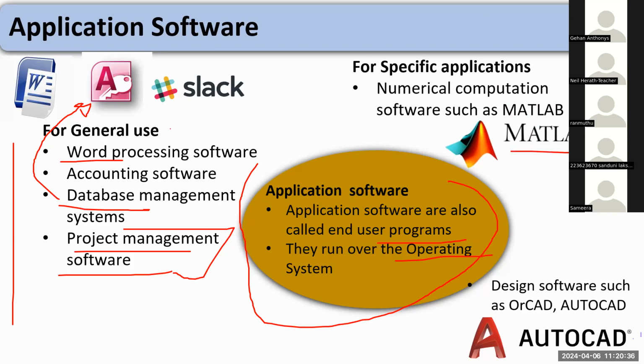MATLAB is the main engineering tool that engineers and scientists normally use for analyzing engineering systems, for example satellite communication, aerospace engineering, and large mechanical machines. All of these are analyzed through MATLAB, and there is another one inside MATLAB called Simulink.